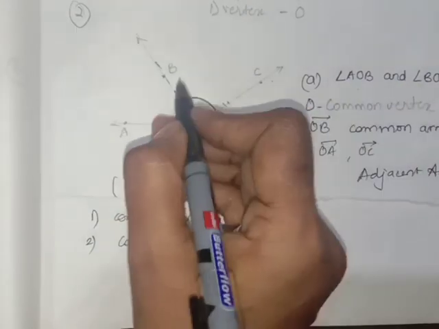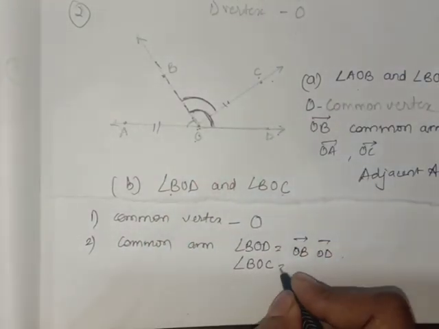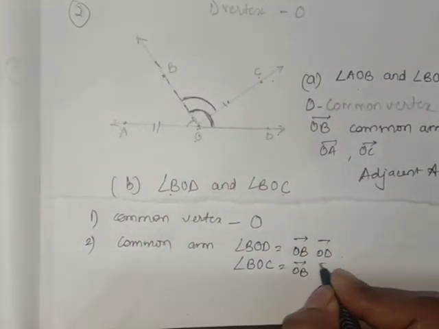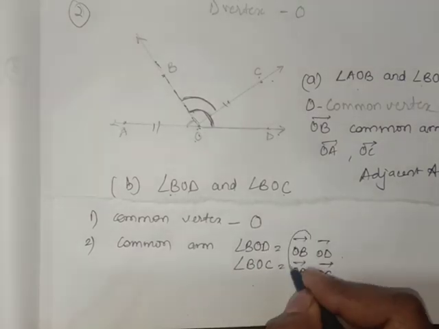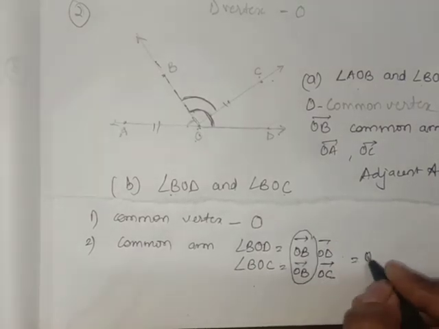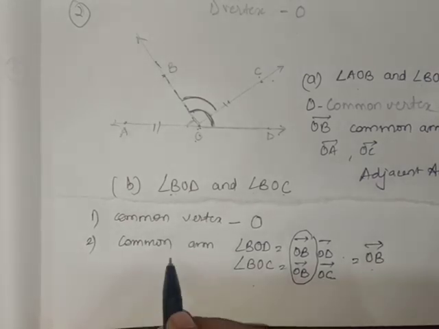It is made up of ray OB and ray OC. Now, which is the common arm? You can see the ray which is common in both the angles, that is OB. OB is the common arm. This is our second point.